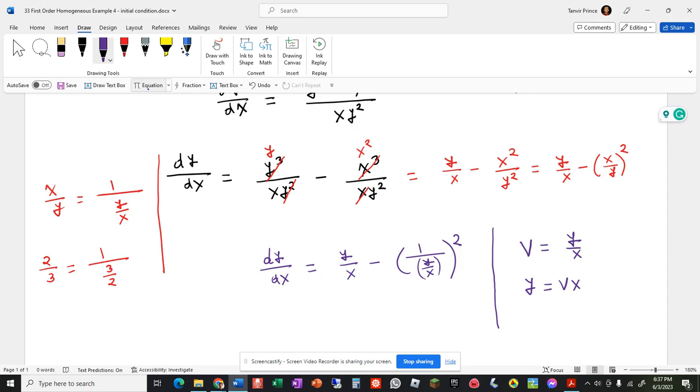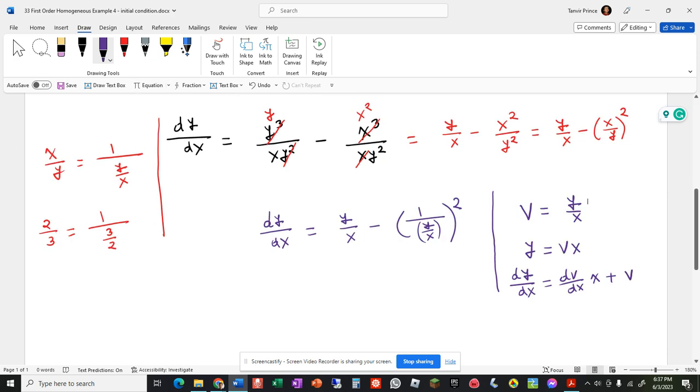So at the end of the day, y over x is a function of x. So let's take the derivative of both sides with respect to x. So dy/dx equal to, by the product rule, dv/dx times x plus v. The derivative of x with respect to x is 1.